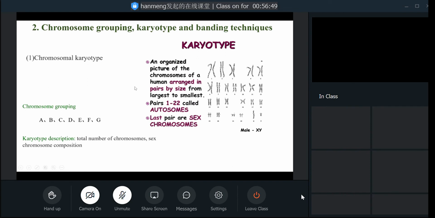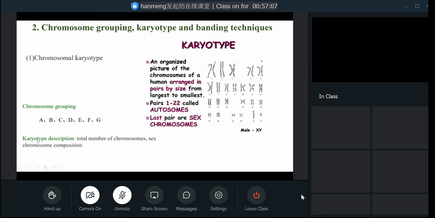So here you should remember that the human chromosomes have 7 groups: A, B, C, D, E, F, G.